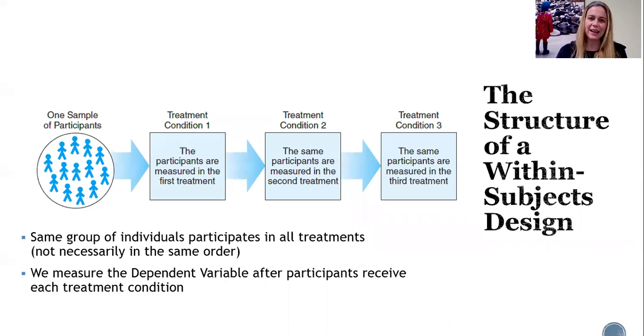The second major category of confounds is unique to within subjects designs and comes from the fact that we have the same participants experiencing our different conditions, and then we test them on the dependent variable after they've experienced all those different conditions.